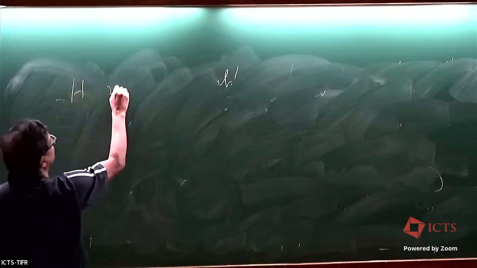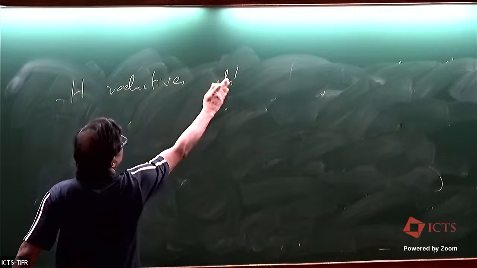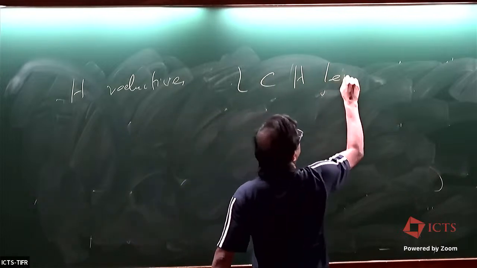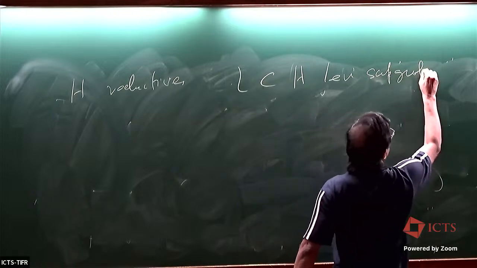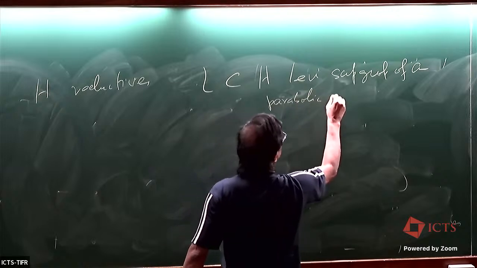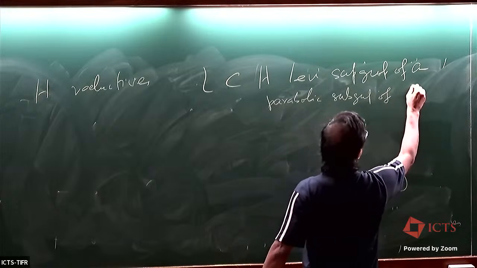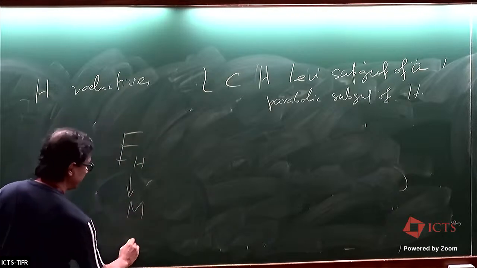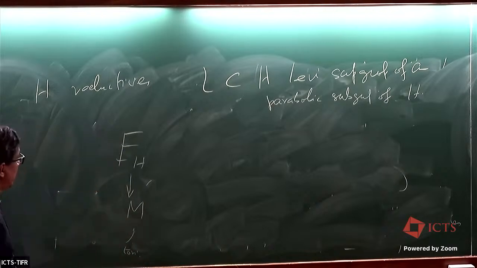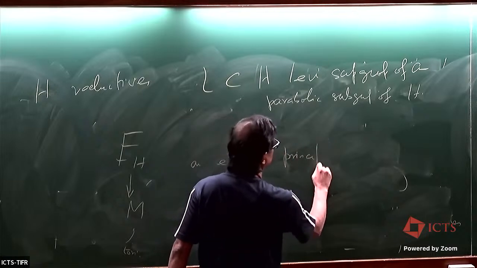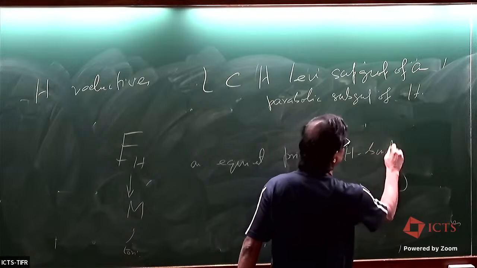Okay, so now suppose H is again a reductive algebraic group, everything complex, and suppose L is a Levi subgroup of some parabolic subgroup of H. E_H over M, where M is toric, is an equivariant principal H bundle, equivariant for the toric action.